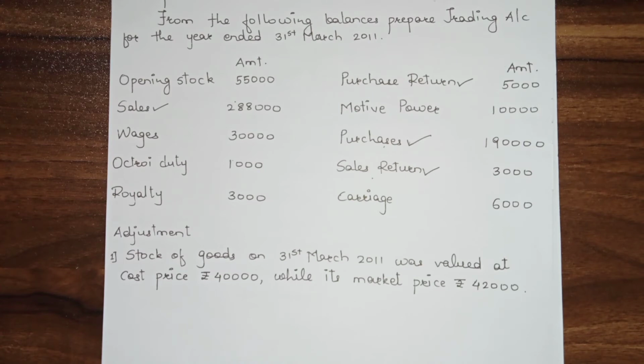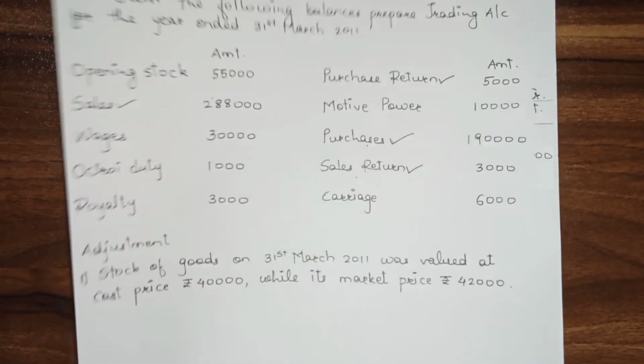But why are we writing it in the credit column? Because this is the amount that is left at the end of the financial year, that is on the 31st March 2011. 40,000 is the leftover amount in the business of Mr. Kedar. So that is why we have to write it in the credit column, because it is still with Mr. Kedar. It hasn't been spent or it hasn't gone out of the business of Mr. Kedar. So we will write it down in the credit column.